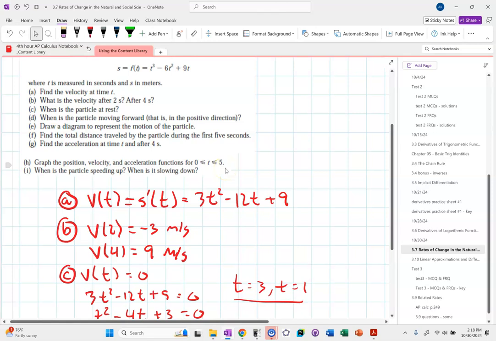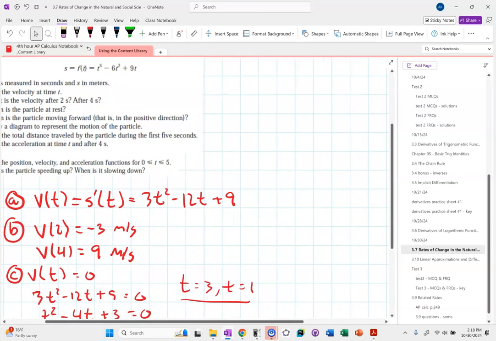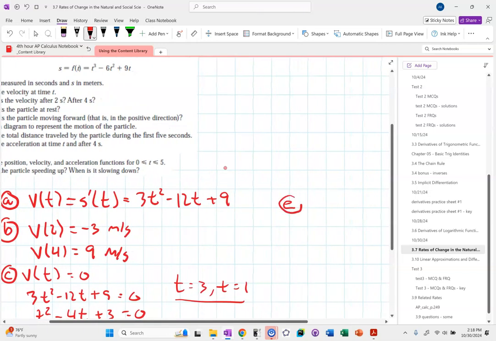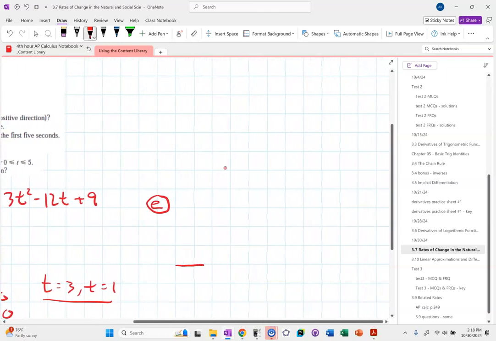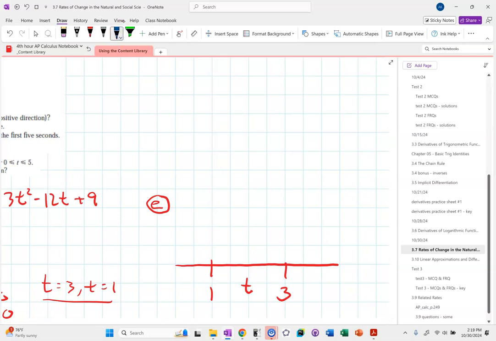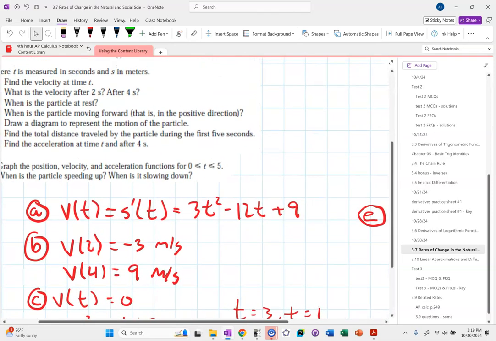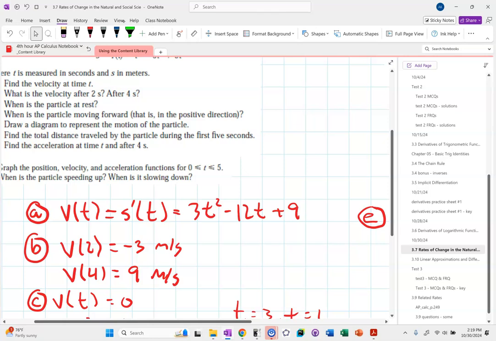Draw a diagram to represent the motion of the particle. Yes, sir. The other question I asked: when it's moving in the positive direction, wouldn't that be between 1 and 3?